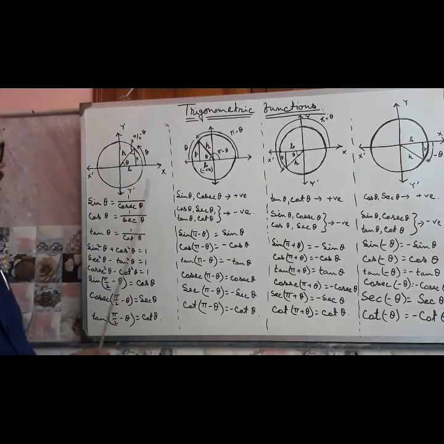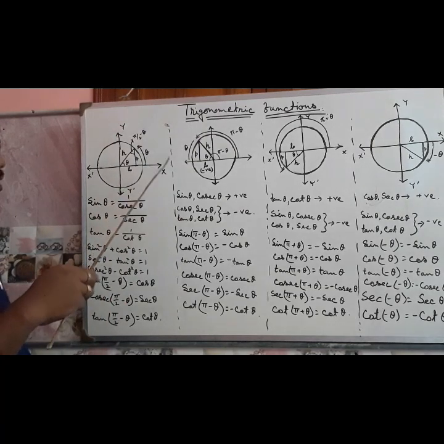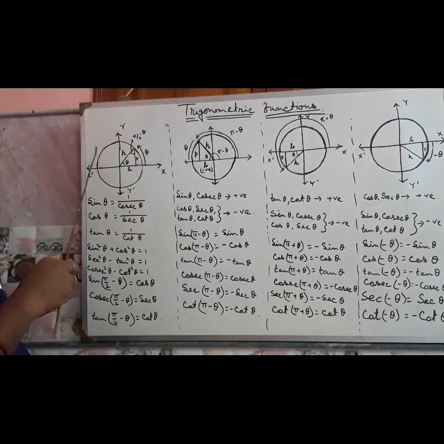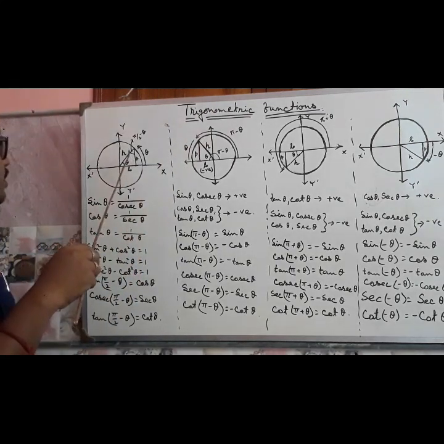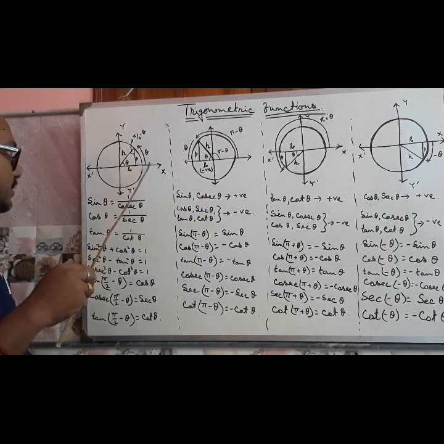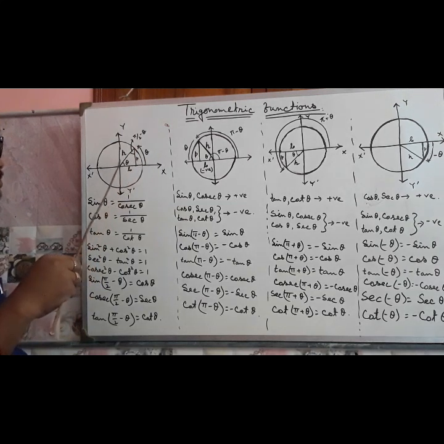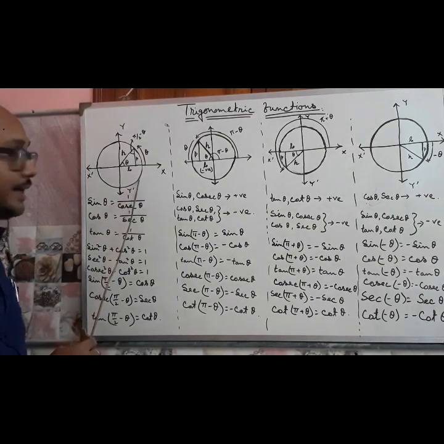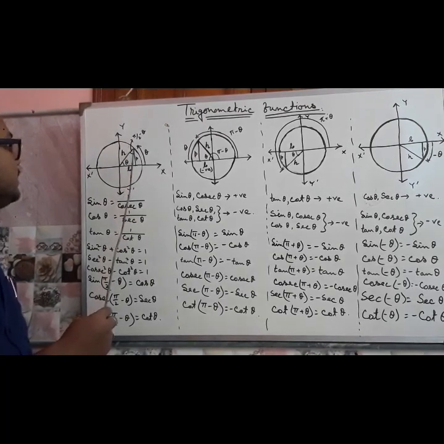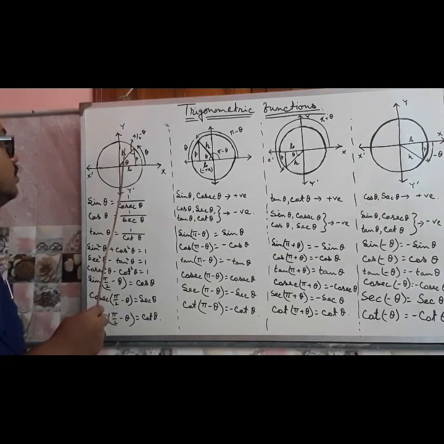Okay, at first we have to take one circle of unit radius, that is known as unit circle, and a point rotates theta angle, that is the arc length is theta, so it forms the angle theta radian at the center. This is the perpendicular, this is the base of this right angle triangle, and this is hypotenuse, as it is the radius, this hypotenuse h is equal to 1.